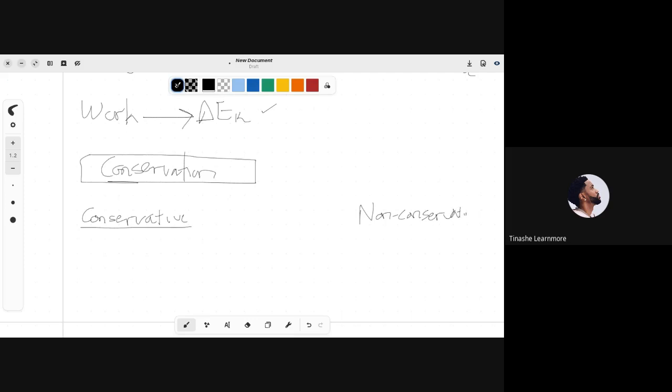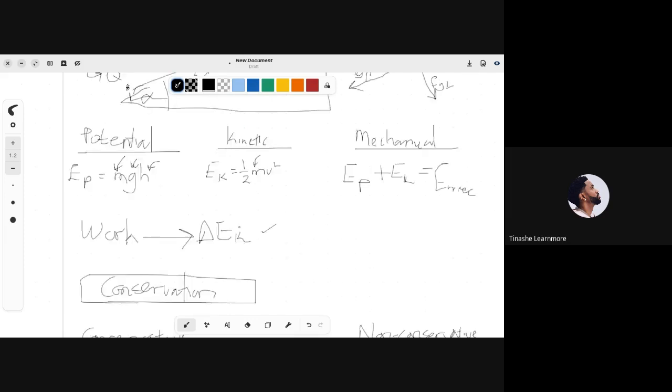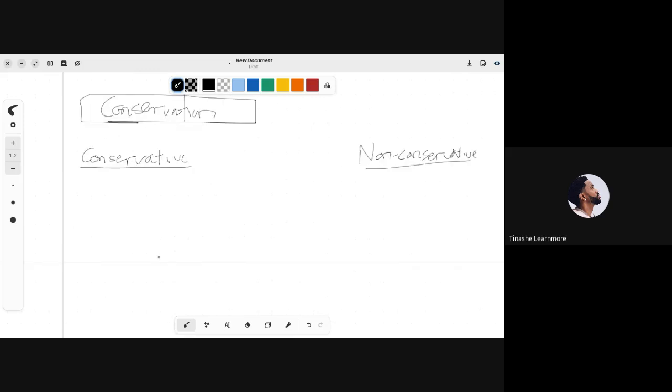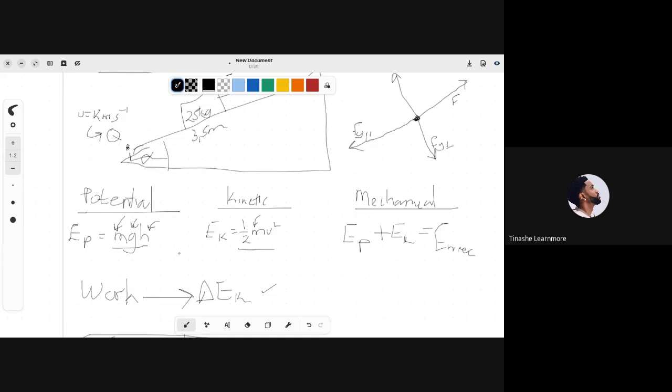Non-conservative forces are the ones that change mechanical energy. Some of the forces that keep mechanical energy the same are forces that should not directly affect things like the velocity.